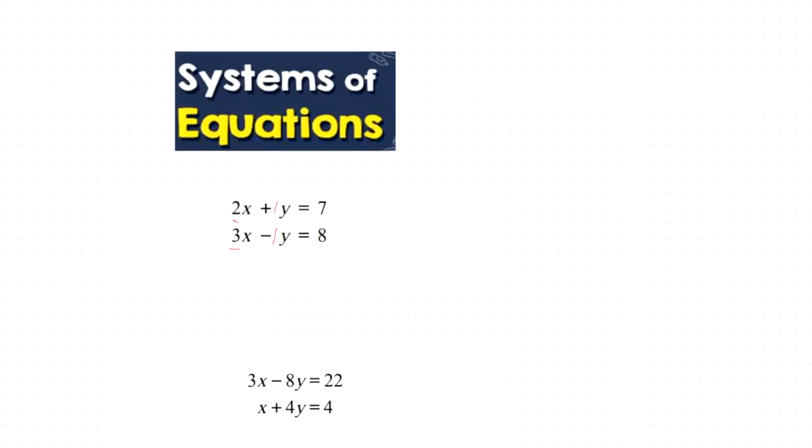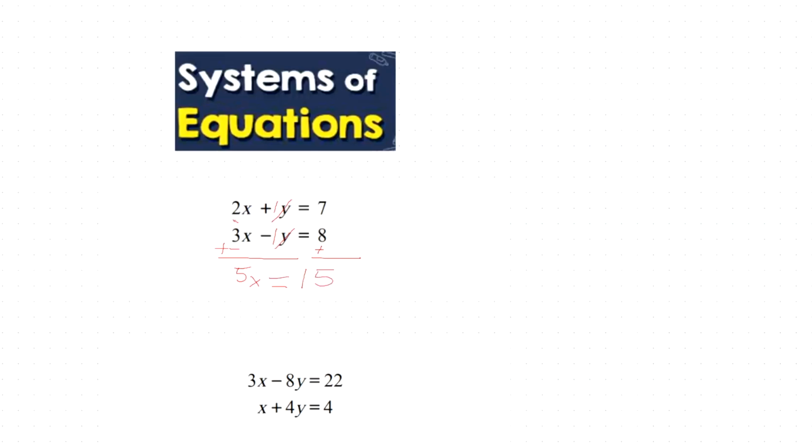If you add both sides of the equations, separately, you will see that this is going to be 2x plus 3x is 5x, and negative y plus positive y, that cancels each other out. 5x is equal to 7 plus 8, which is 15.